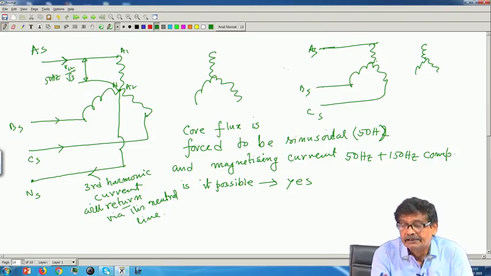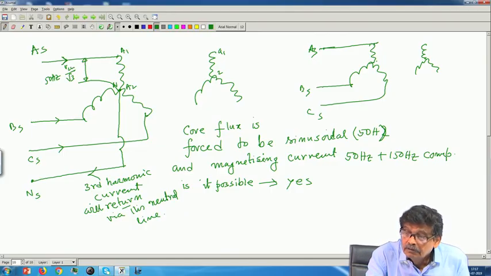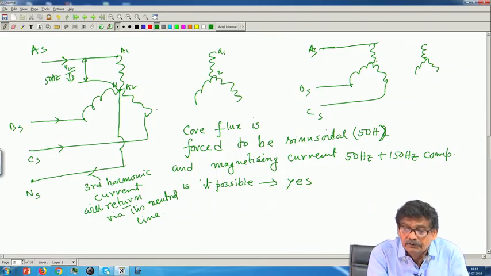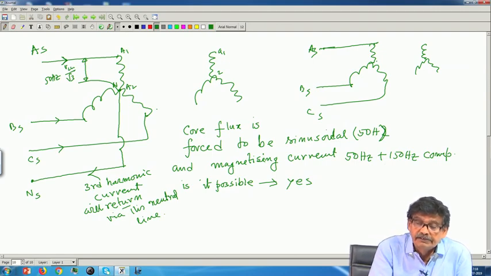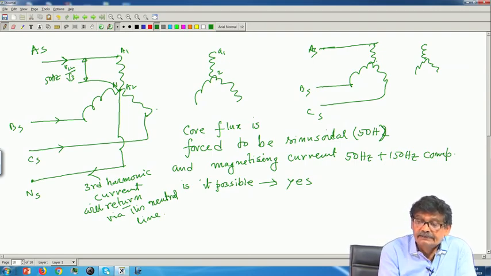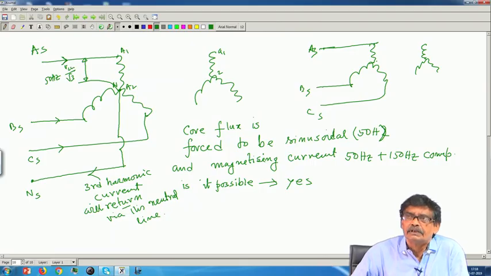Therefore, in the secondaries of this transformer, small a 1, a 2 etcetera, only 50 hertz voltage you will get, both line to line as well as phase, because no third harmonic flux exists. Very nice. But the only objection to this connection is this neutral wire will carry 150 hertz current and it may disturb other electrical utilities.